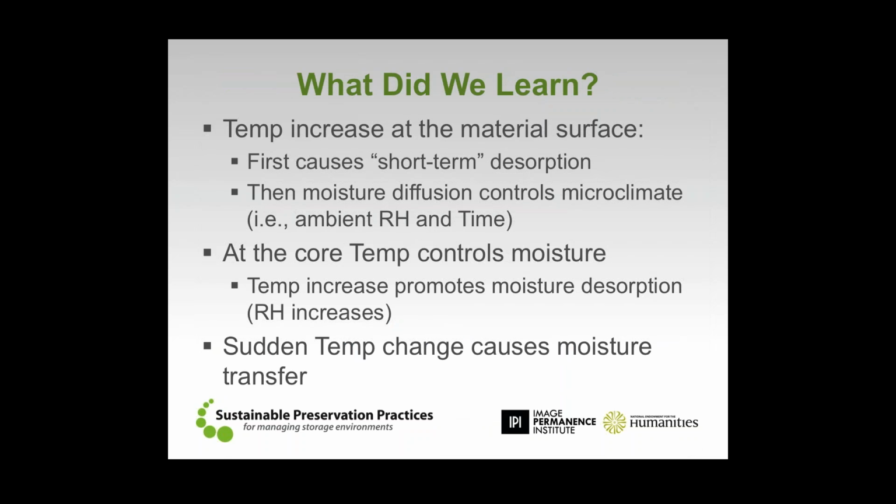And the fascinating thing there is that we start to realize that that moisture diffusion, i.e. that desorption of moisture from the material inside the box, was able to, for even a short period of time, control that microclimate, right? We saw the microclimate RH go up as a result of the object releasing moisture responding to that temperature change.